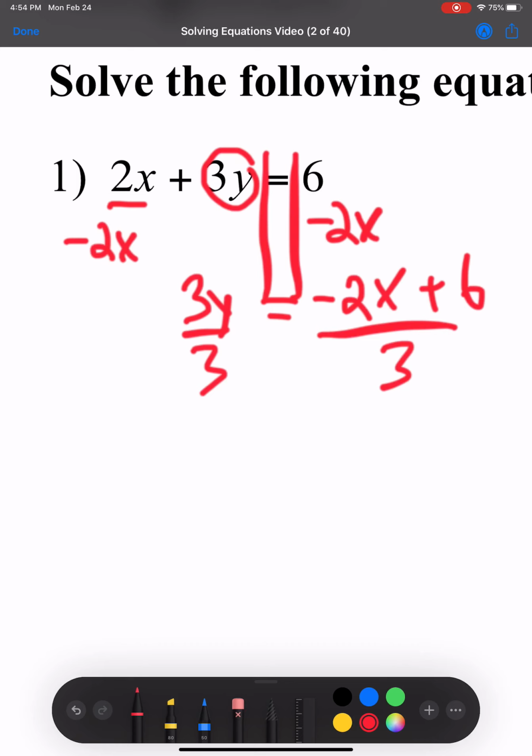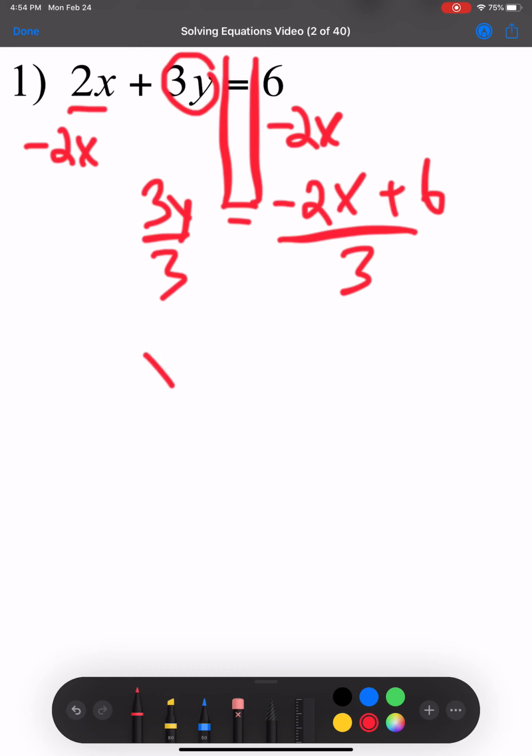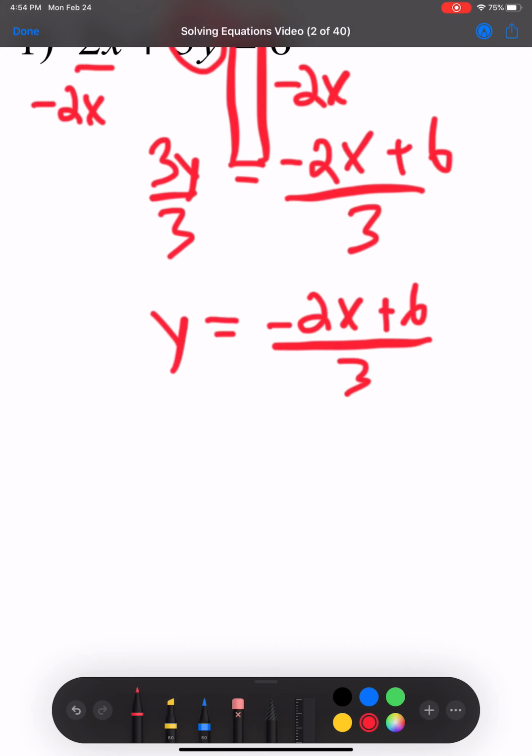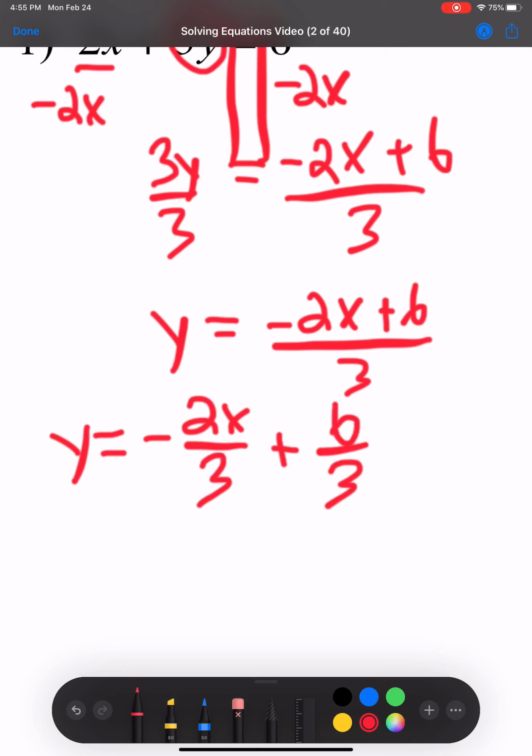The first is similar to how it looks up there. What this means is that we've got y equals negative 2x divided by 3 plus 6 divided by 3.